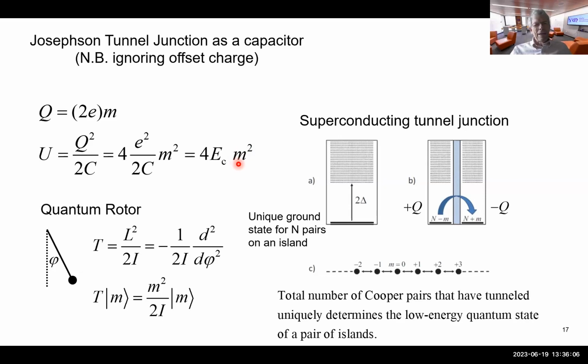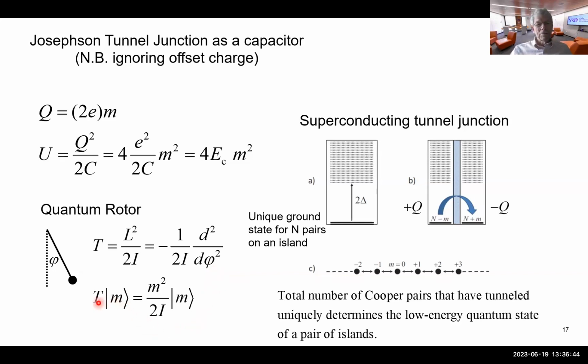Okay. And for the quantum rotor, the kinetic energy is the angular momentum squared over twice the moment of inertia. And the angular momentum is minus d squared d phi squared as an operator, just like d dx for linear momentum.